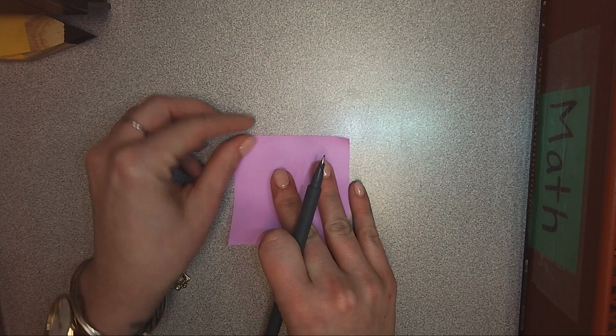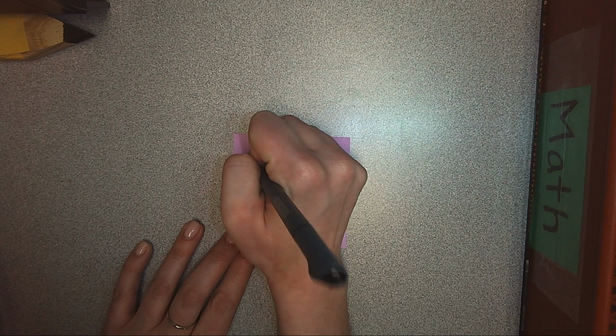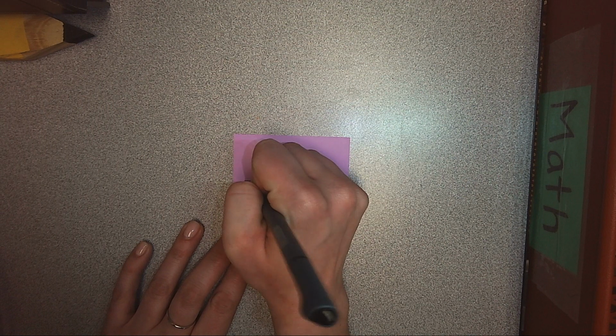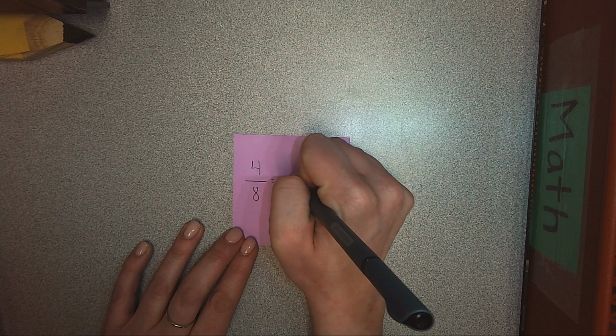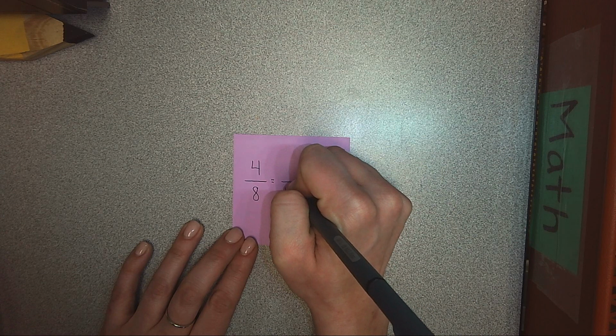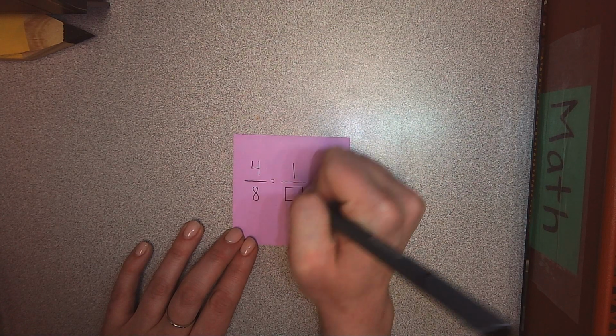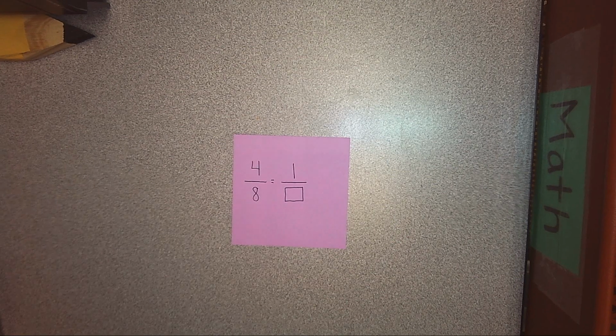Now, in looking at other examples, sometimes you'll need to find a missing piece. So if we had a fraction like 4/8 is equivalent to 1/something, we need to figure out what that missing piece would be.